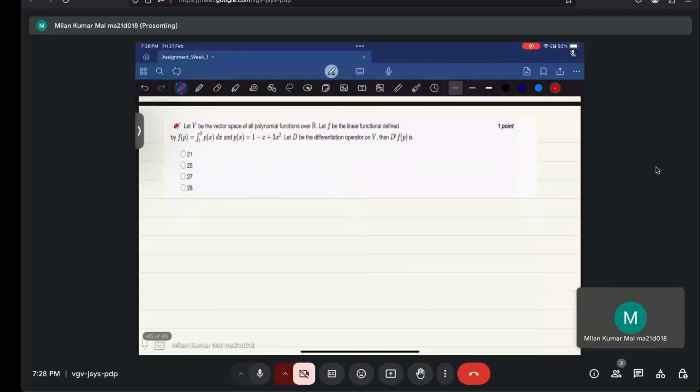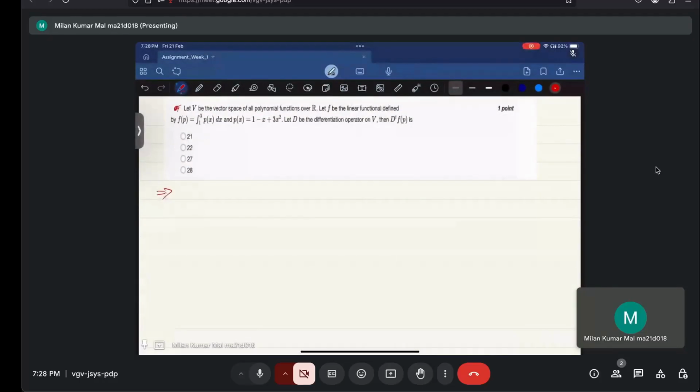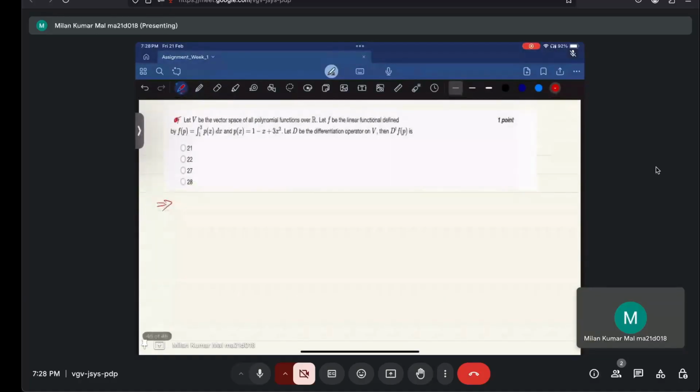So where it is given, let V be a vector space of all polynomials over R and f be the linear functional defined by f of p.